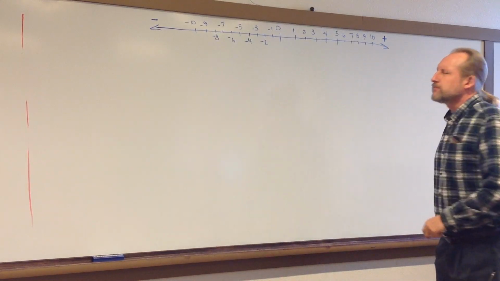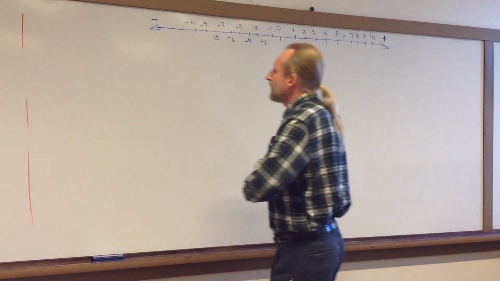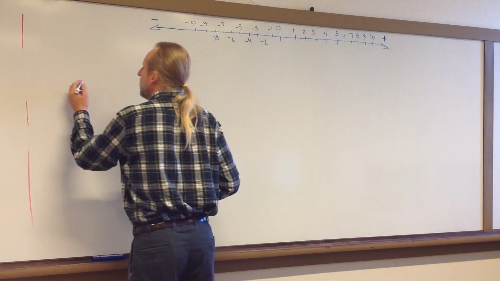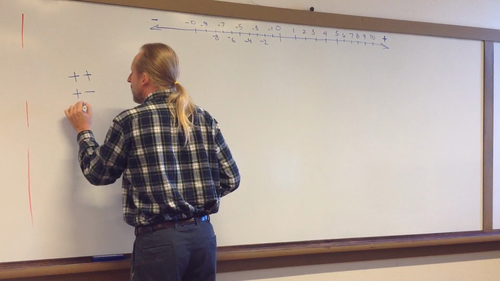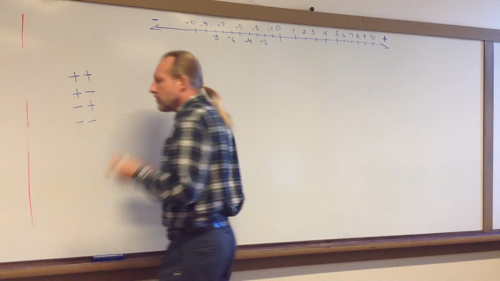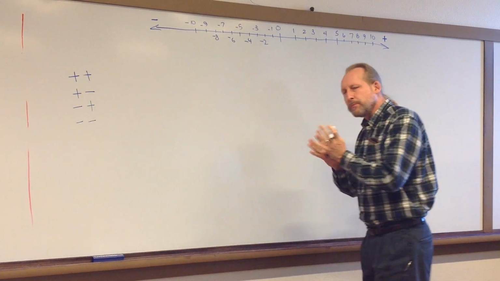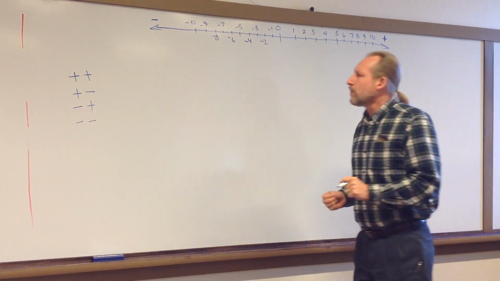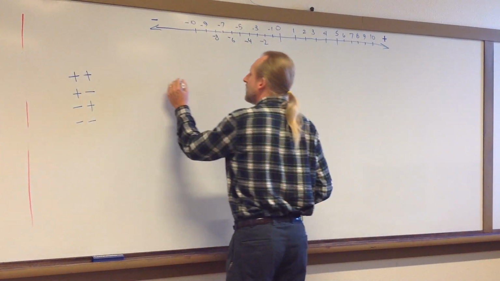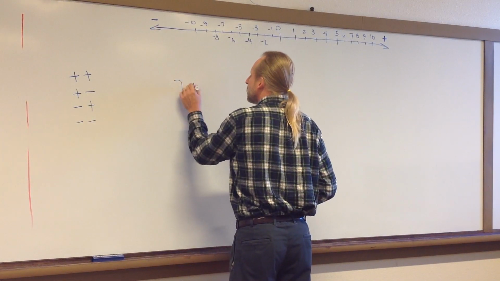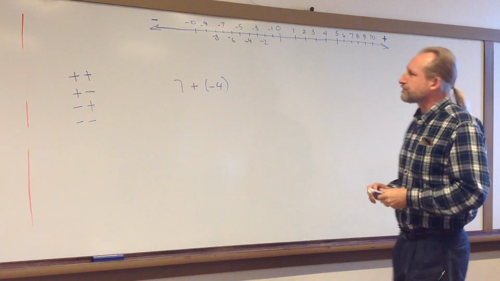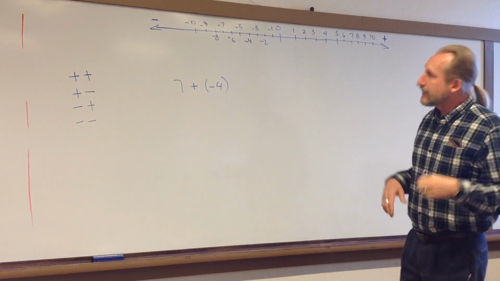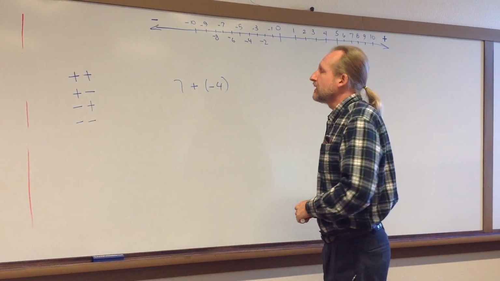Okay? So let me talk about one thing first off, and that is what happens when you have two signs right next to each other, whether you're multiplying and dividing, or whether you're doing a problem like 7 plus negative 4, or something like that. So we'll see this again when we come to multiplication and division.